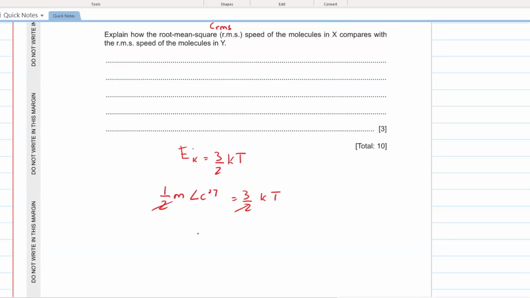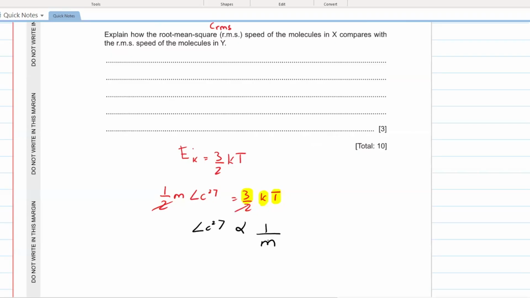Now what are the constants here? k is a constant because k is the Boltzmann constant. T is a constant because both of them are at thermal equilibrium. 3 is also a constant. So what can you say? Mean square speed is inversely proportional to 1 over mass.